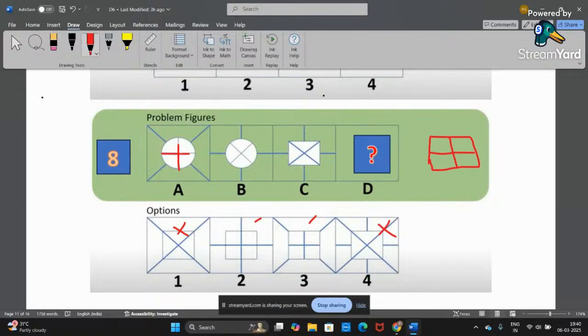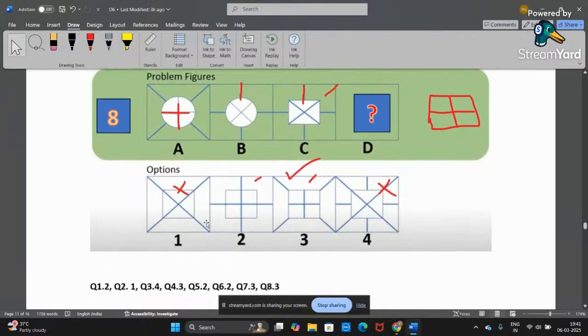In the next one, it is changed, the lines have come here. So in this, lines are here. So in the next diagram, the line should be here. That means which option suits here? This option, right? So the option is 3. The third one is right here.